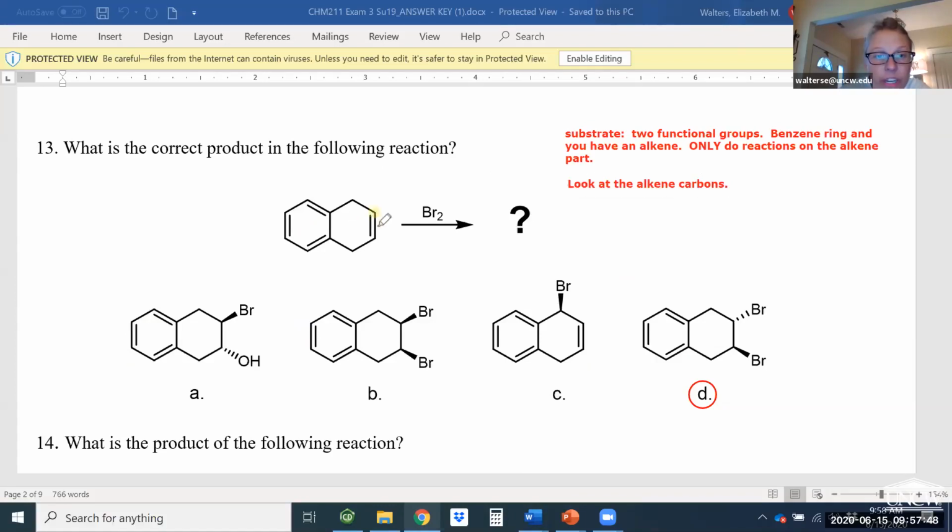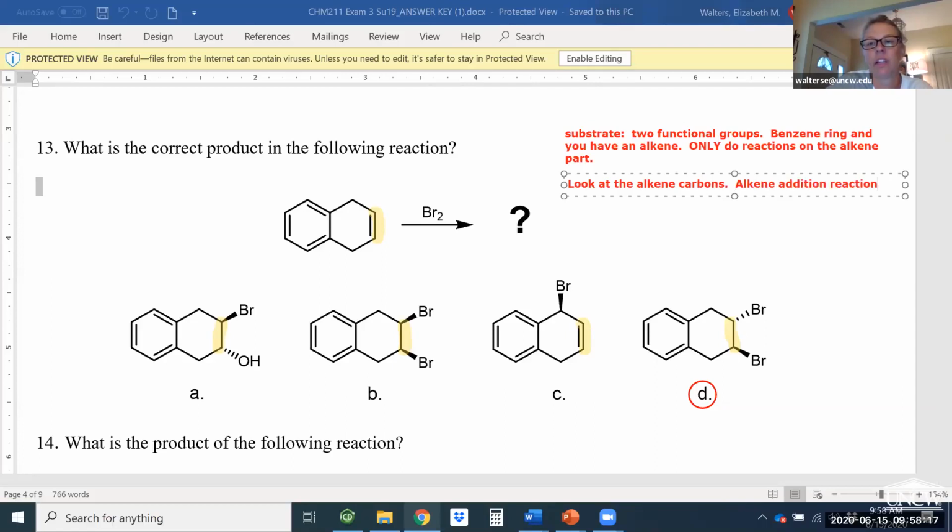Your exam, again, this is something you're going to have to remember: alkene addition reactions result in substituted alkanes.